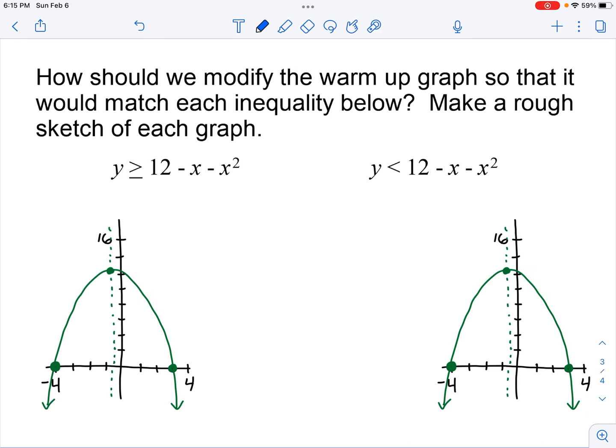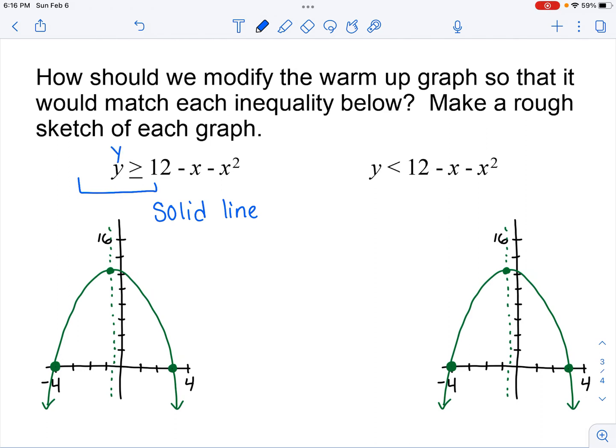All right, so we're making a rough sketch. So we already have our vertex. We already have our x-intercepts. We already have our parabola drawn. The question is, how do we modify? Okay. All right, so taking a look at this first one, y is greater than or equal to the parabola.